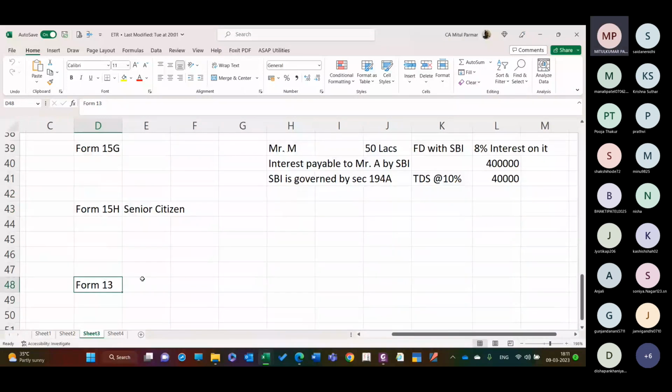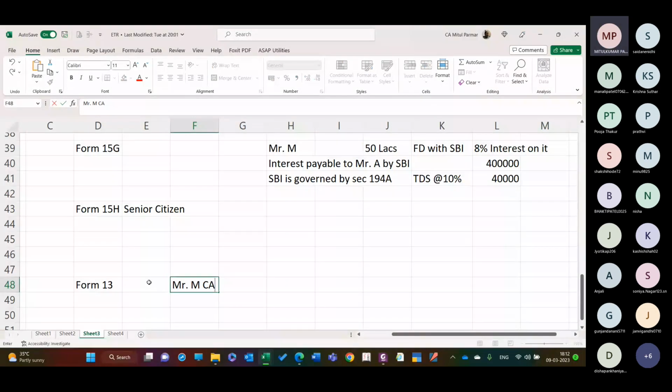So let's take a simple example. Suppose, as I am a chartered accountant, I am taking one example of a CA. Suppose there is a Mr. M who is an individual practicing chartered accountant.